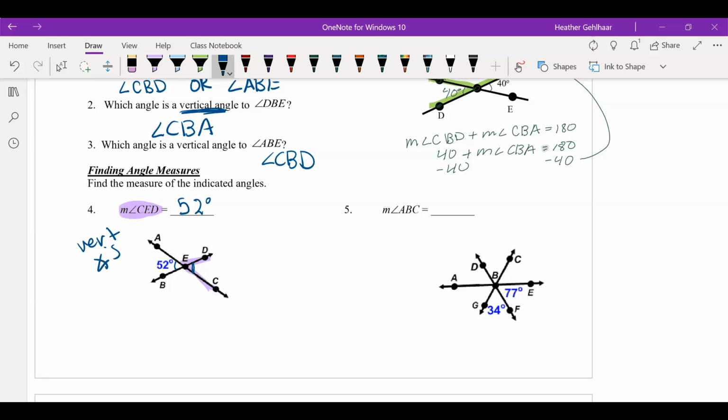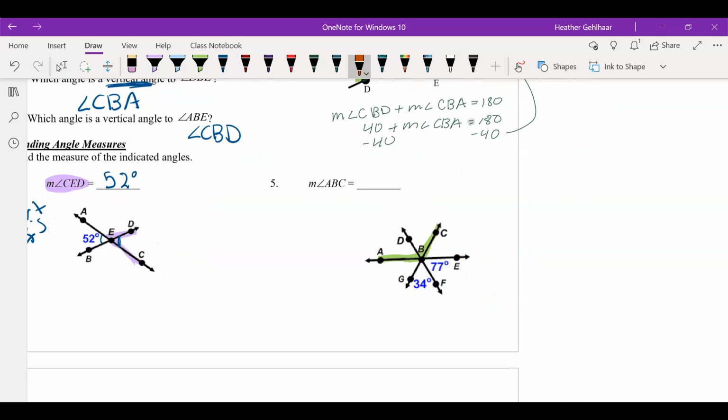All right, then the next one is find the measure of angle ABC. So ABC, ooh, this guy here. This one's a little tricky because we are given two angles, but we don't know this one, right? And we also don't know this one, so that makes it a little tricky. There are a couple things that we could actually do. This is going to be option number one.